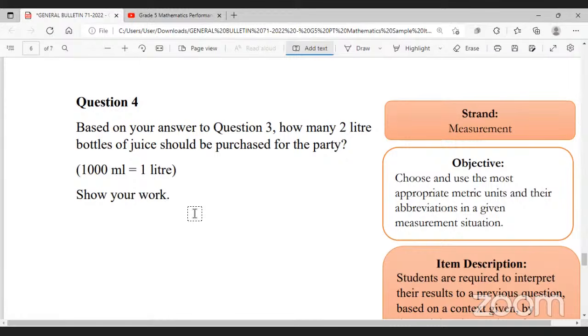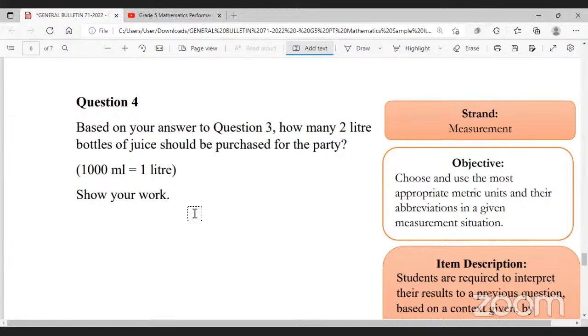All right. This question is from the measurement strand, and we're going to be choosing and using the most appropriate metric unit and their abbreviation in a given measurement situation.